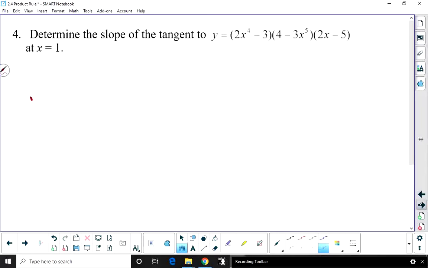What if I just said we have y equals a product of 3 things, which is what we have here?